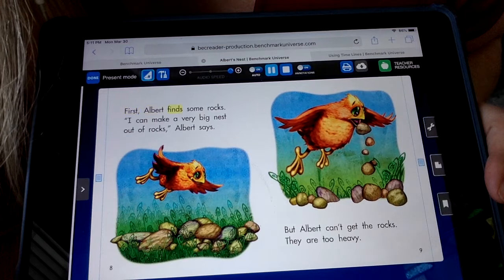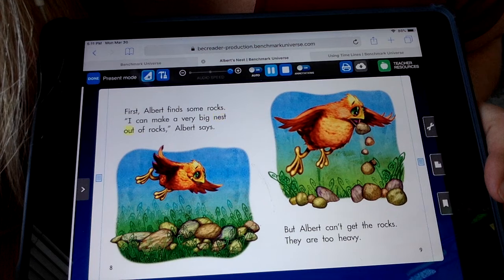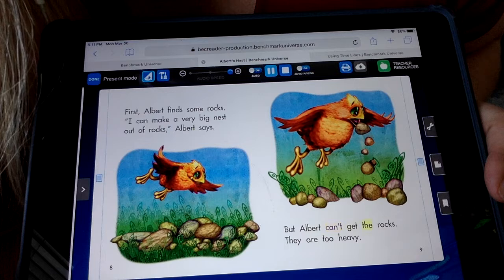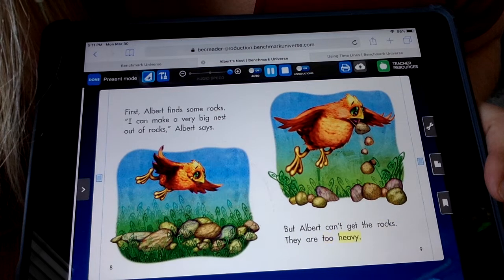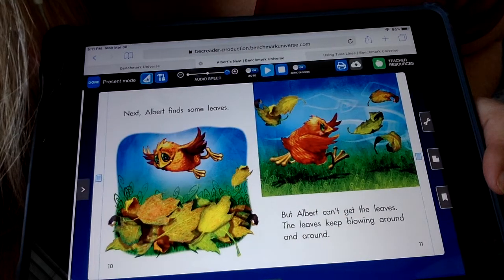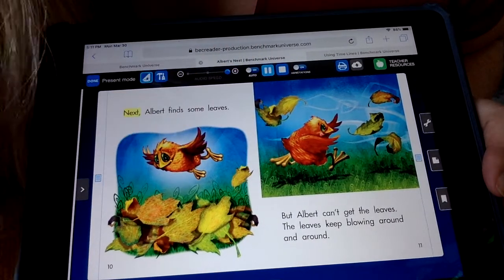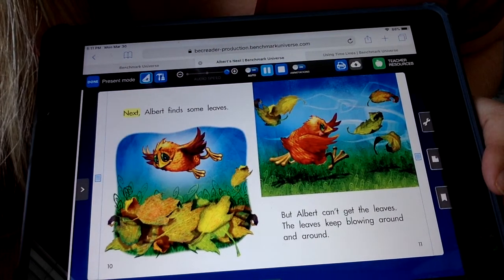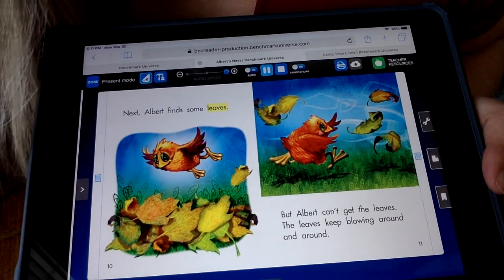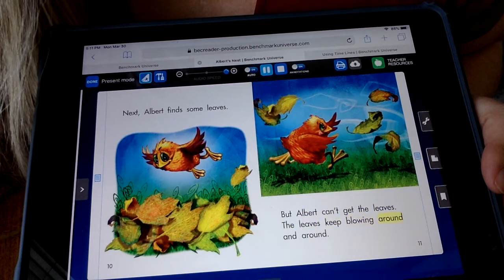First, Albert finds some rocks. I can make a very big nest out of rocks, Albert says. But Albert can't get the rocks. They are too heavy. Next, Albert finds some leaves. But Albert can't get the leaves. The leaves keep blowing around and around.